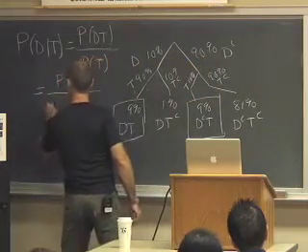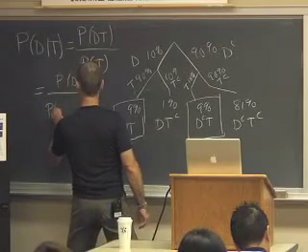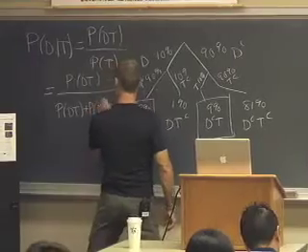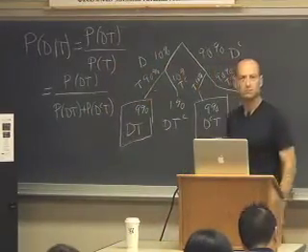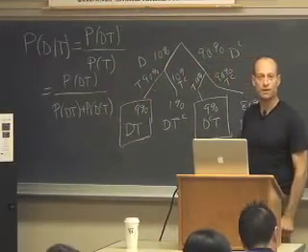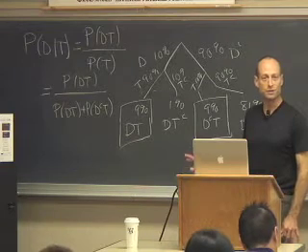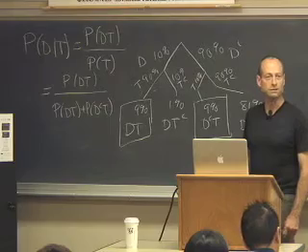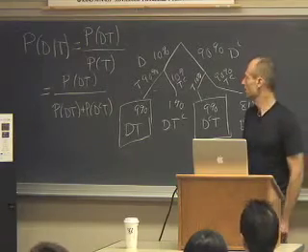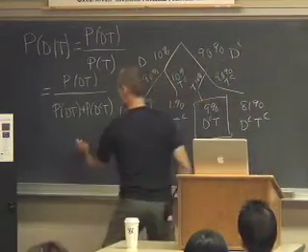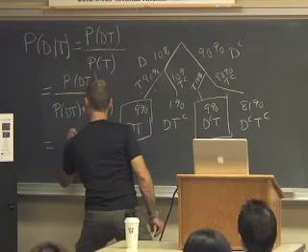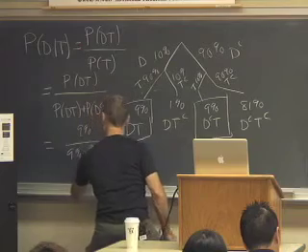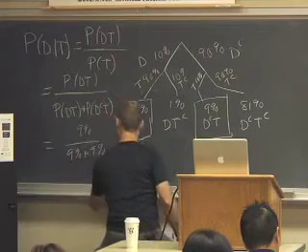The denominator is P of DT plus P of D complement T, right? We've partitioned the event T into two disjoint pieces, T and D, T and not D. Yep. And what we just did, this is equal to 9% over 9% plus 9%, and that's a half, right?